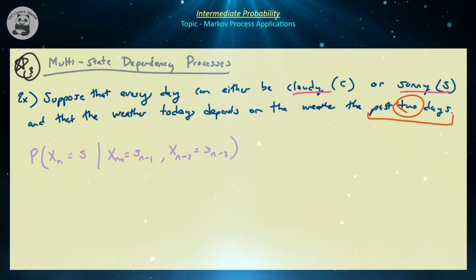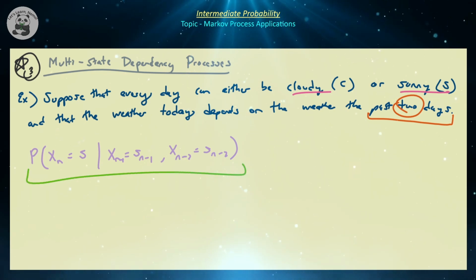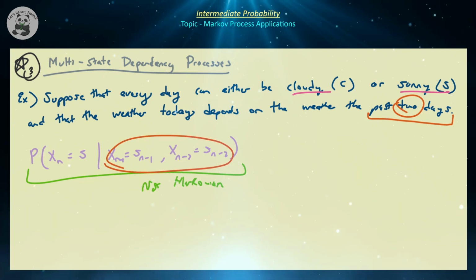So this, at least on the surface, is not Markovian. And you're like, well, I thought we were talking about applications of Markov processes, right? This multi-state dependency process can actually be viewed as a Markov process if you blend these into one variable.